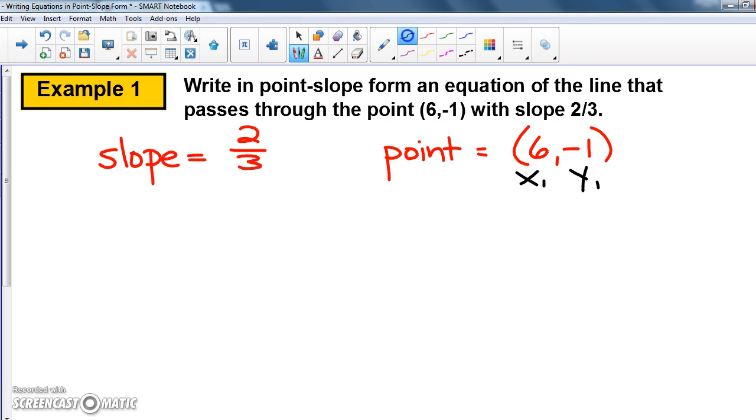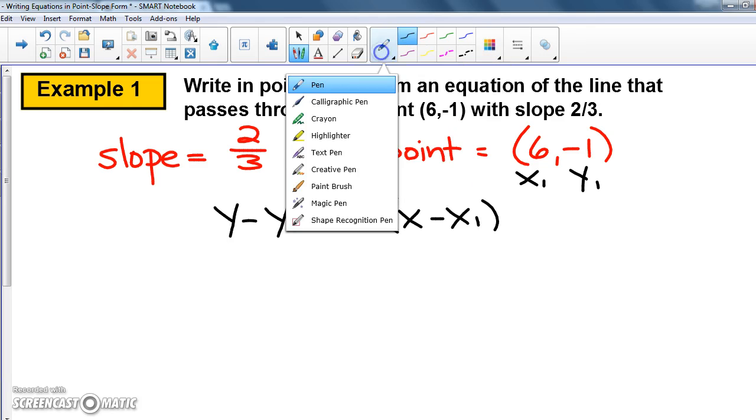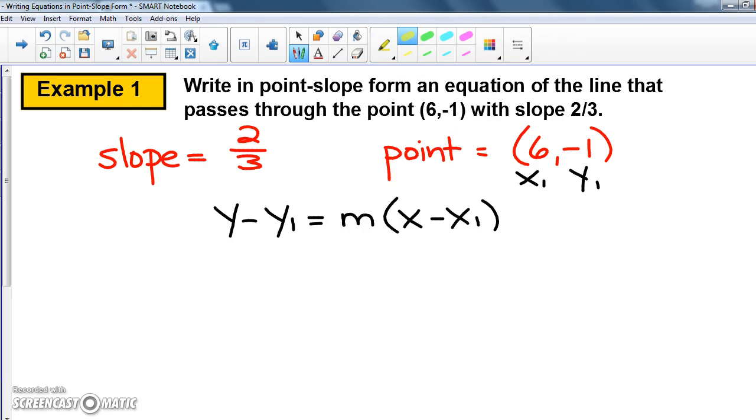Okay? Let's go ahead and write down our equation for point slope. So it's y minus y1 equals m parentheses x minus x1. And now all I'm going to do, I'm going to go ahead and pop in the things I know. Now remember, this you don't touch, this you don't touch. So those I'm not going to do anything with. But everything else, I'm going to put something in.